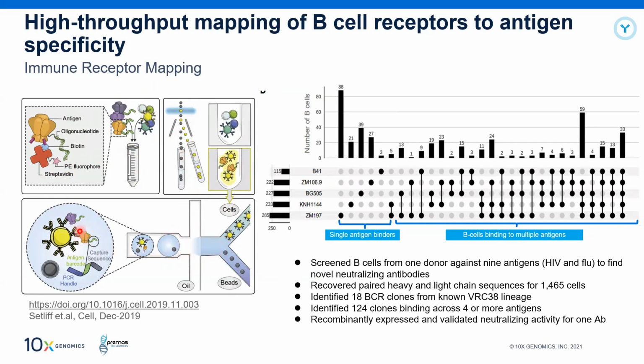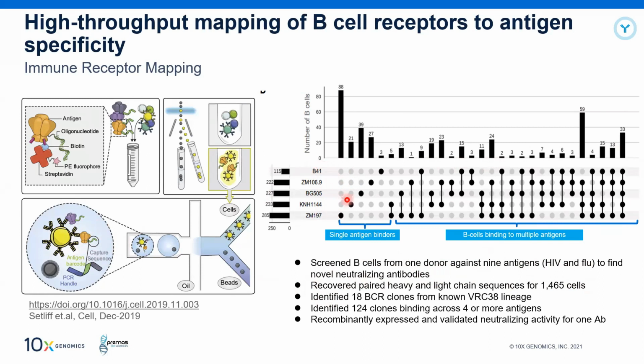One is what antigen is bound to the cell, based on the barcode data we generate, and then we are able to sequence the antibody of that particular B cell. So we are doing the antibody sequencing and seeing which antigen it is bound to. In this table, they have shown a screening of 9 antigens, HIV and flu, to find novel neutralizing antibodies, which is now common for COVID also.